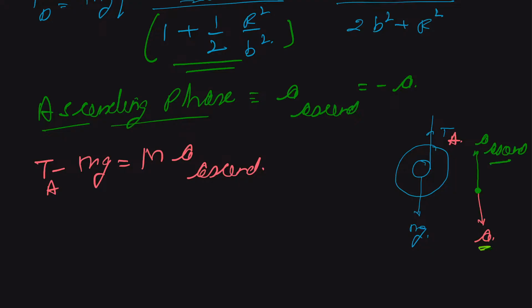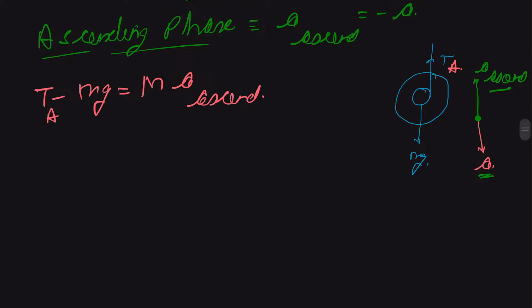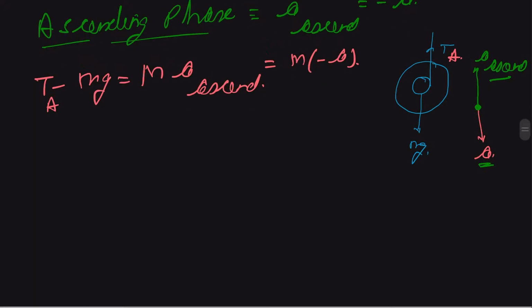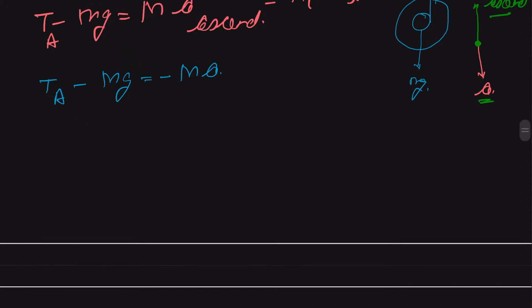So obviously the relationship between them is a ascent is equal to negative of a. Therefore if we substitute a ascent as negative of a, we can write tension ascent minus mg is equal to minus of ma. And from this equation we can write that T A is equal to mg minus ma.